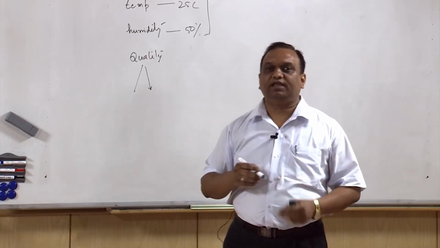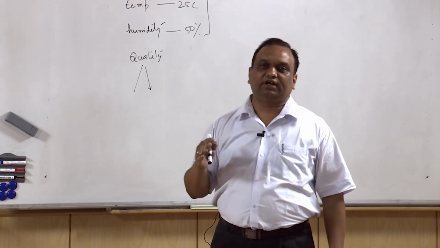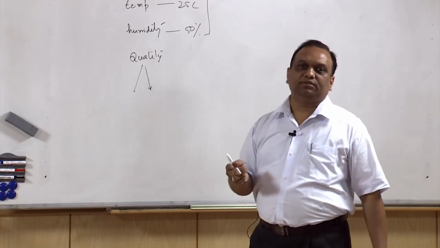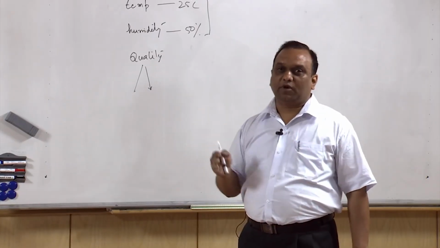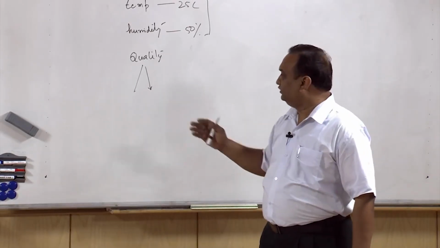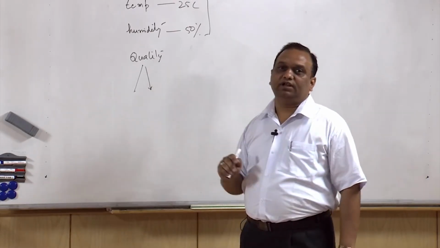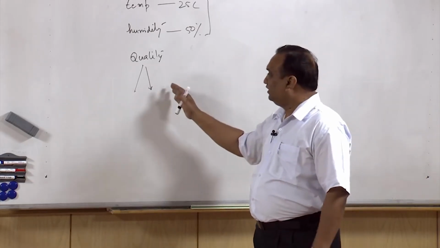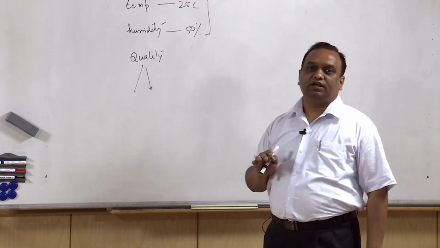So it has been witnessed, especially in the classrooms which are air conditioned or the computer centers where the population density is high, the level of the carbon dioxide shoots up, and this shooting up of level of carbon dioxide causes the state of discomfort among the occupants.